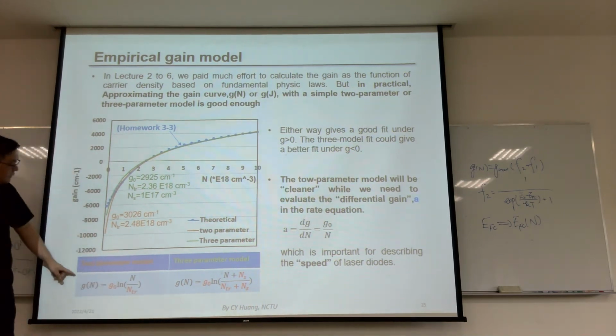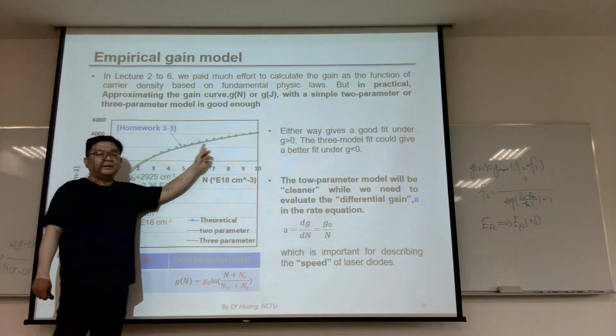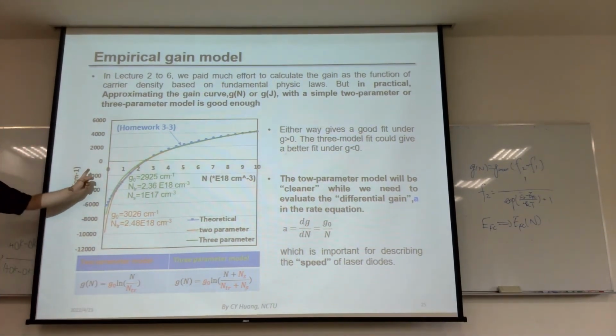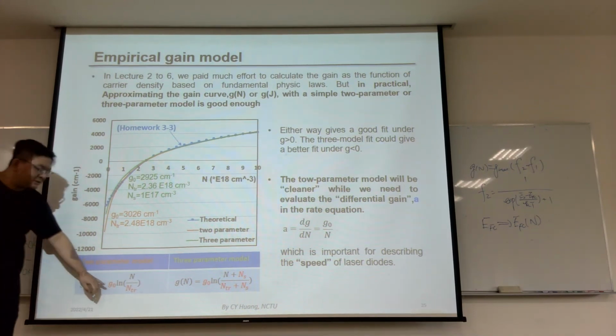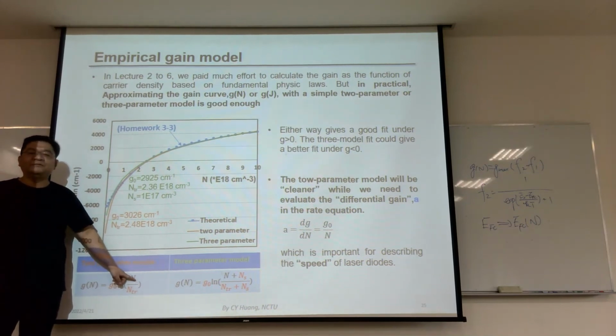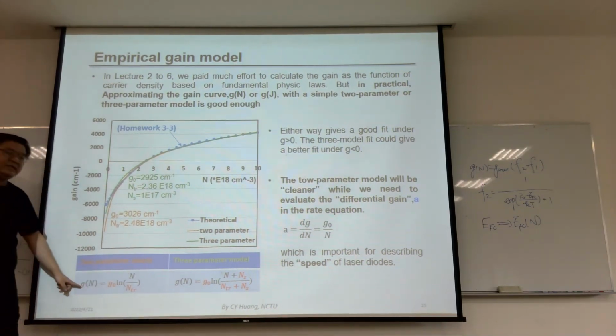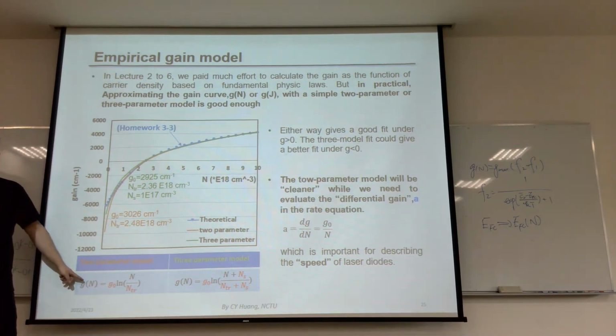This model, although the prediction is not too bad, has a physical problem. If you didn't learn the gain at the beginning and directly use this formula, you might think that when n is very low, your gain will go to minus infinity. This is not physical.